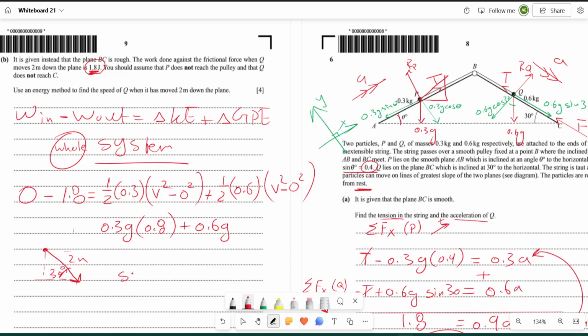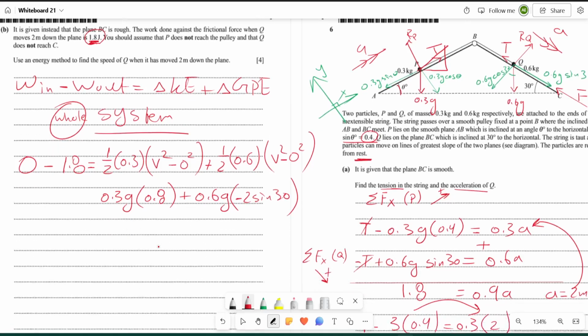So sine 30 is equal to opposite, which is h, over hypotenuse, which is 2. So h is equal to 2 sine 30. However, this h is below my starting point, so I need to put it as a negative change. I'm not gaining gravitational potential energy, I'm losing gravitational potential energy.